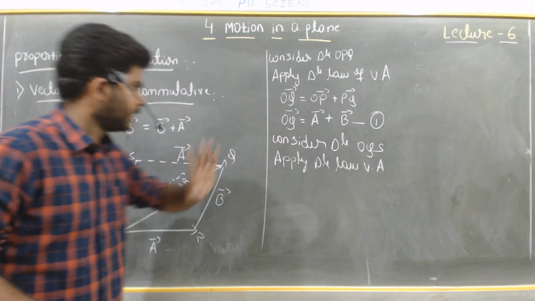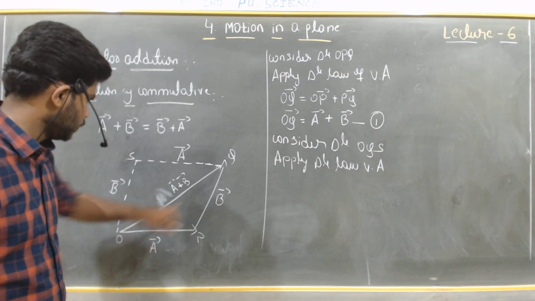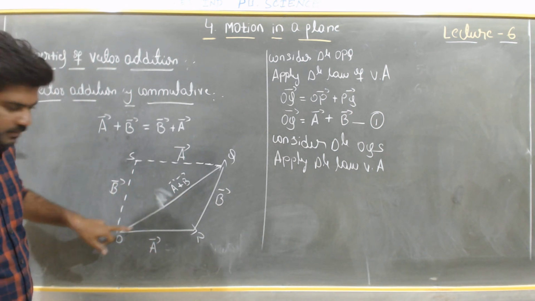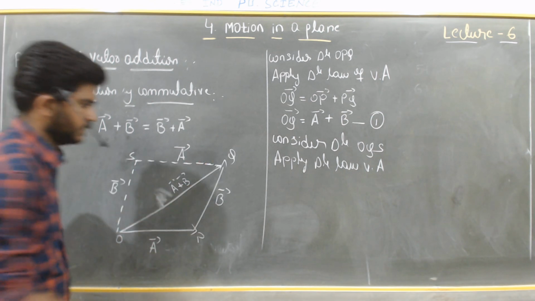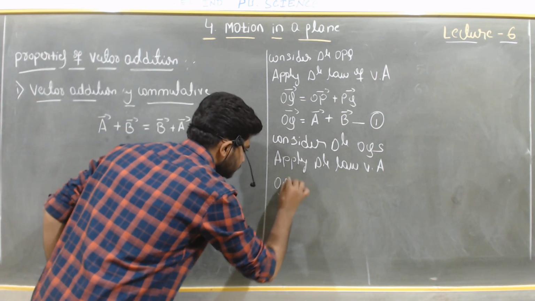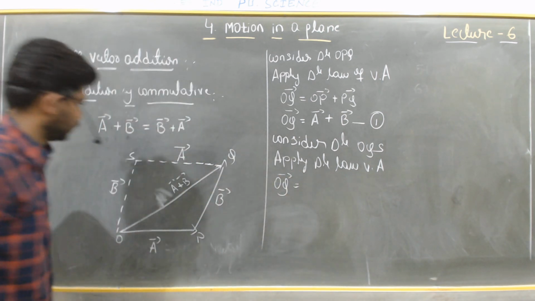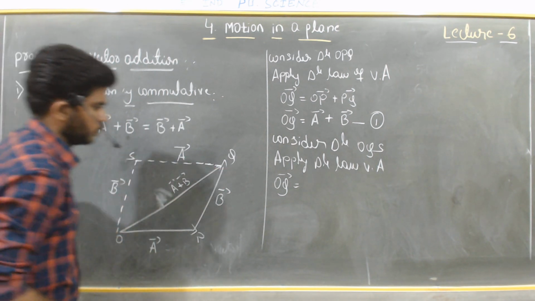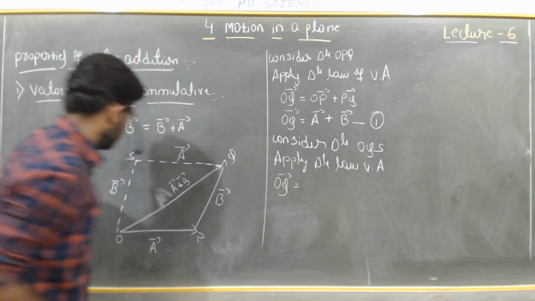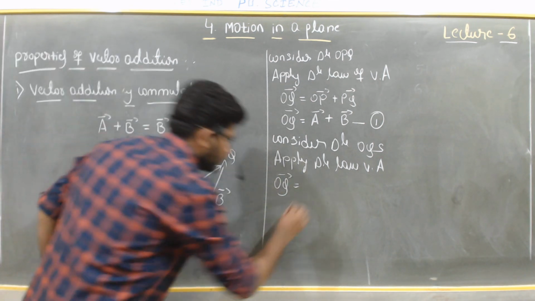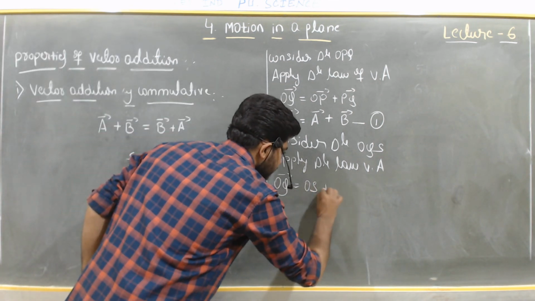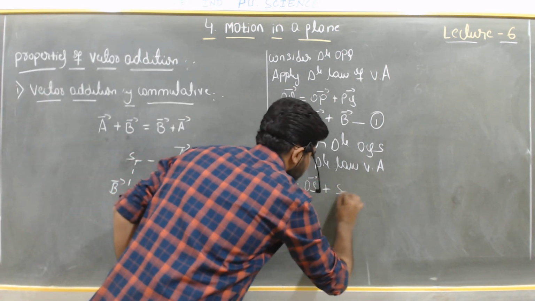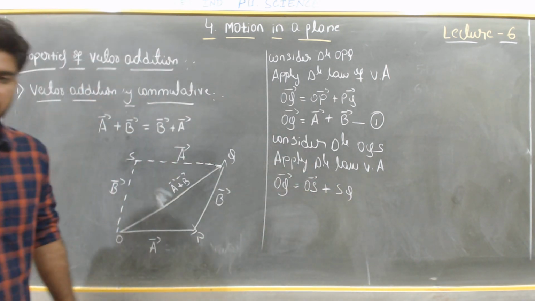Apply triangle law of vector addition to the triangle OQS. So what does it say? Resultant side here we are having OQ, right? OQ is equal to the other two sides, OS plus SQ, right?